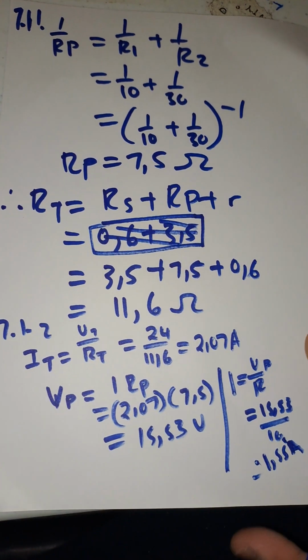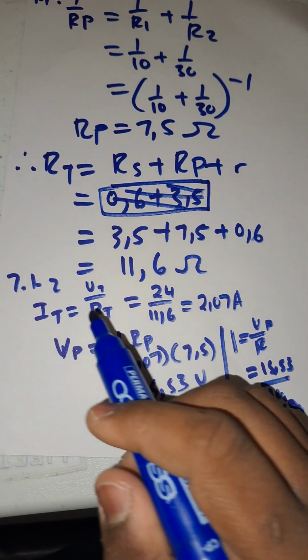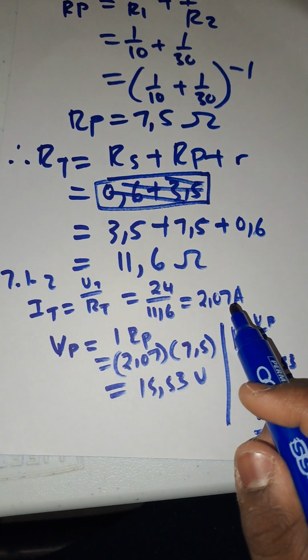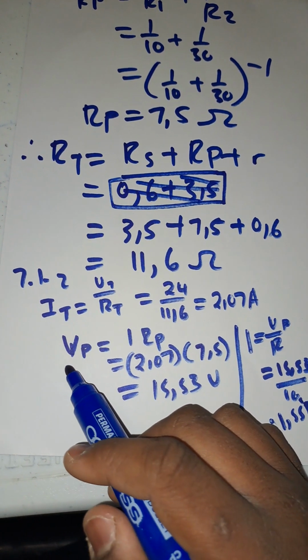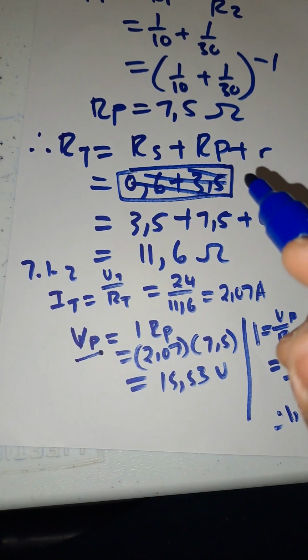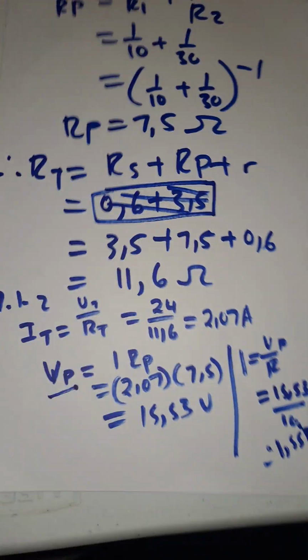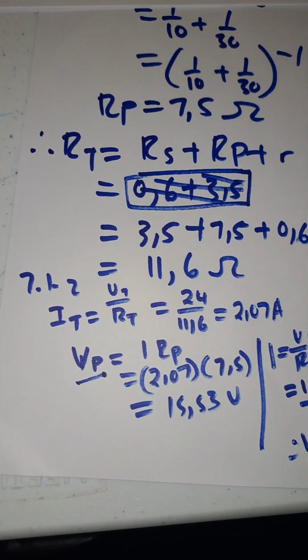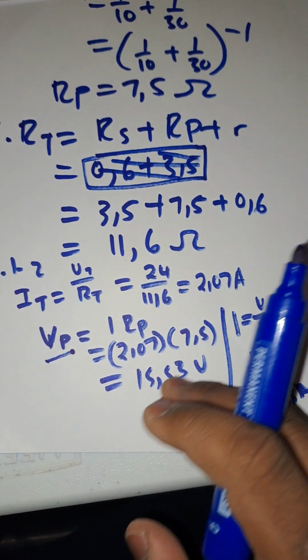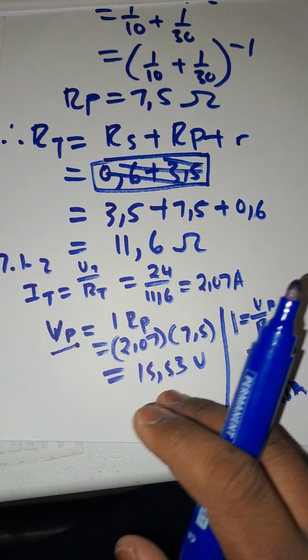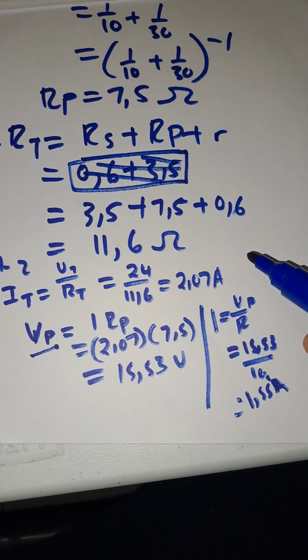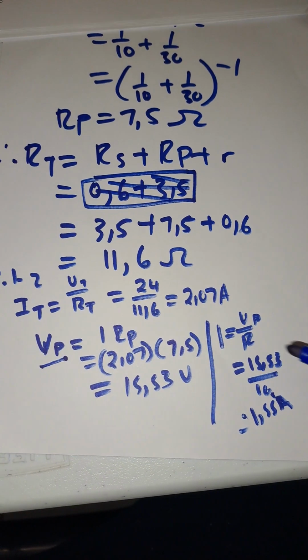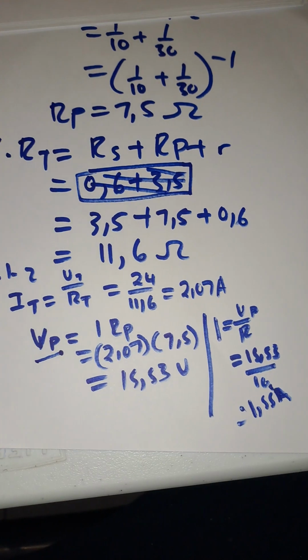I hope I was not fast. So I had to calculate the total current, then the voltage in parallel, because I wanted A2, which is in the parallel connection. I got the voltage, and then I get my current there, which is the same as I2. Let's go to the last question.